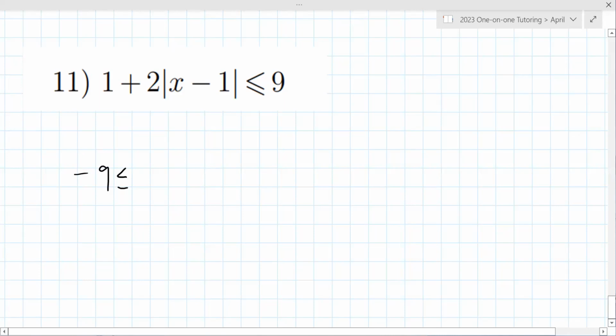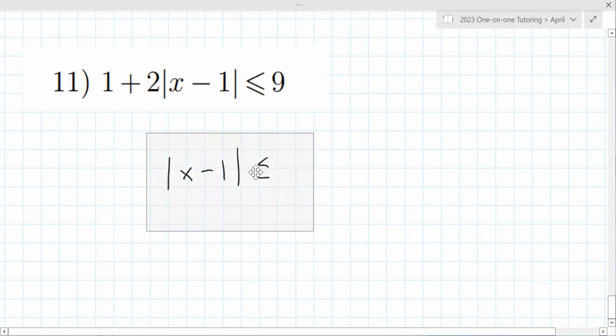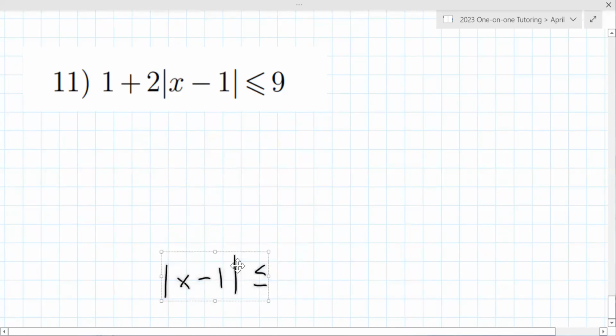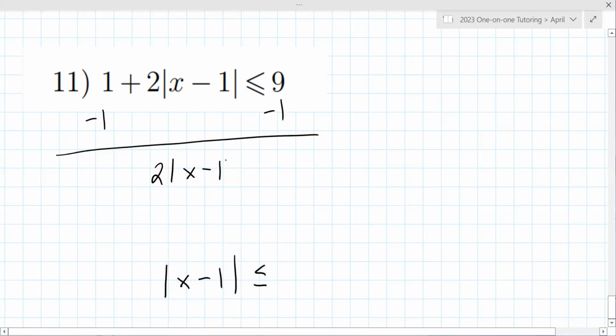Okay, so let me give you some guidance here. I probably should have said a few more things. You have to just get the absolute value before you break it apart. You can't have a number in front. You can't be adding or subtracting. So this is your goal, but to get there, you first subtract 1 from both sides, and then you divide by 2 on both sides. What you can never do is move anything into the absolute value.